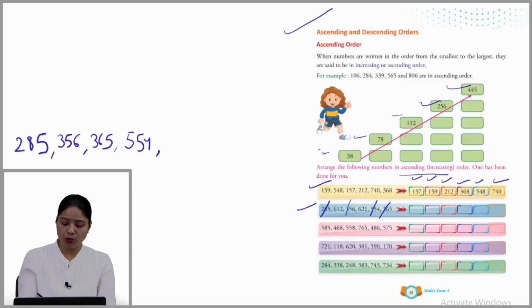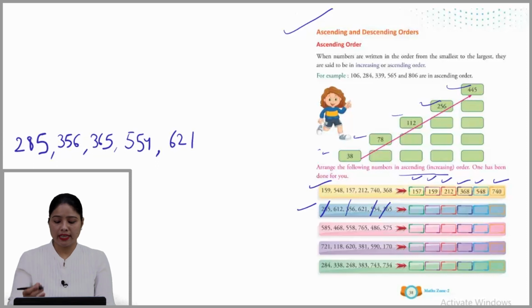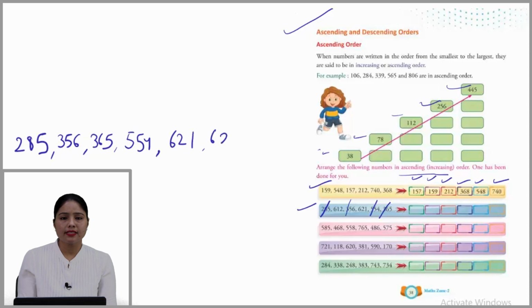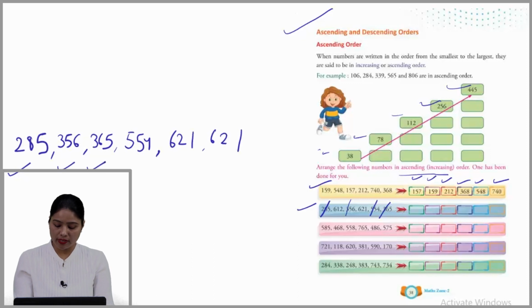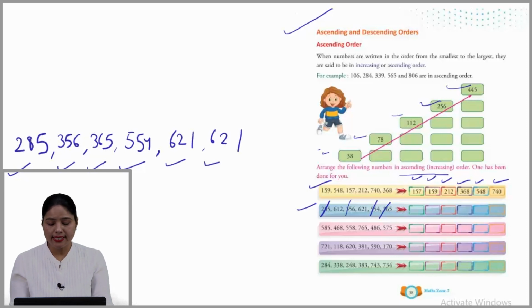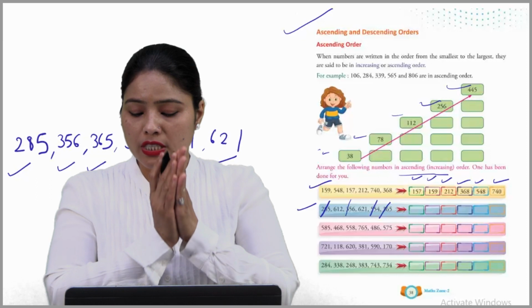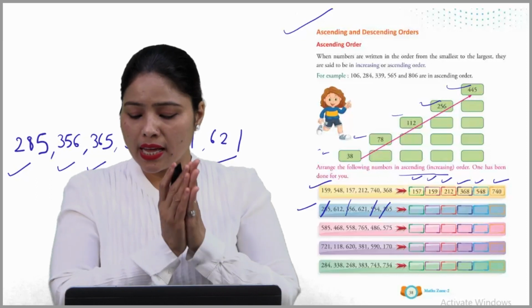So now we know that 612 is our smaller number. और उसके बाद हमारा क्या आता है? सबसे बड़ा नंबर आएगा हमारा 621. So we can see that 285, 356, 365, 554, 612 and the biggest number is 621. So this is how we have to do the other one.